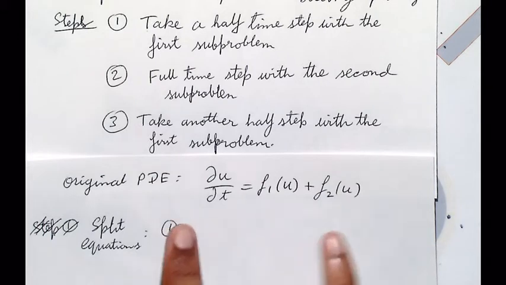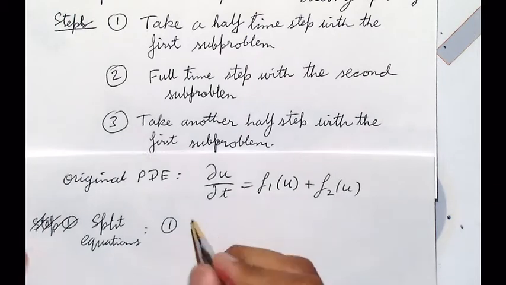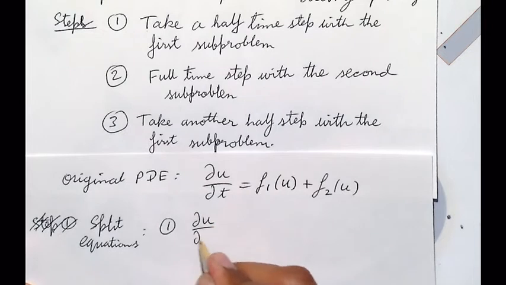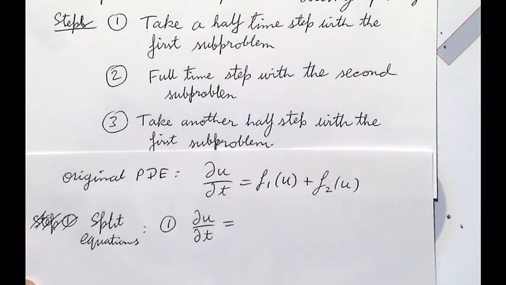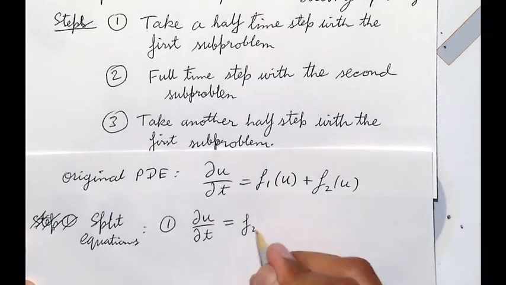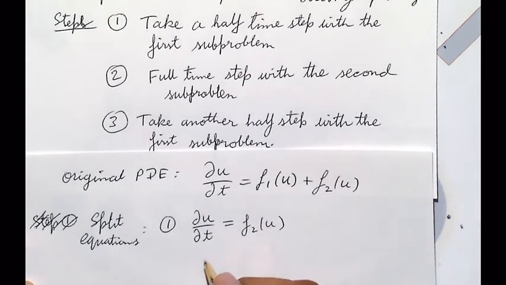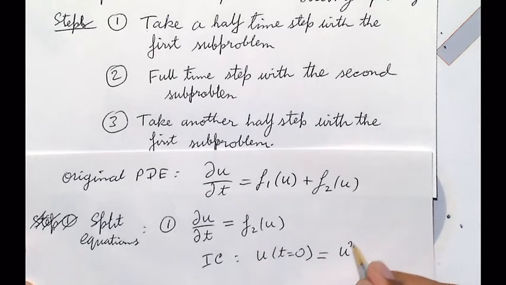So at the moment we're just breaking up this ODE into subparts. So it's ∂U/∂t equals F1(U) and ∂U/∂t equals F2(U). Let's do F2 first this time, okay? So it's F2(U), and the initial condition for this will be, let's say, U^n, or U^0, same thing.